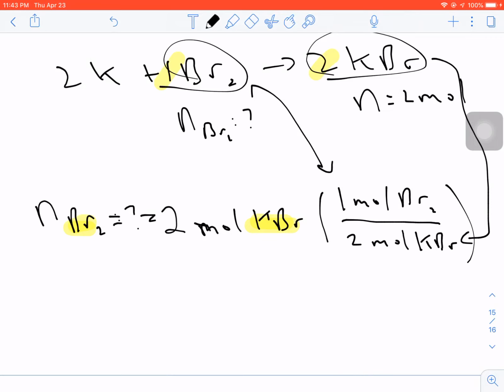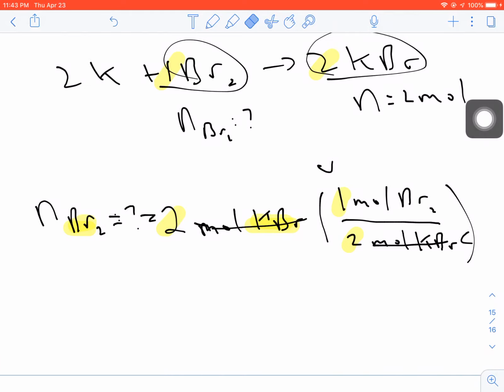So this 1 and this 2 have come from the balanced chemical equation. This 2 was given in the question, and this n is my unknown. So now if I go back and solve for this, I say 2 moles of KBr. Notice that I have moles of KBr in the numerator and moles of KBr in the denominator, so those disappear, and the units that I'm left with are moles of Br2.